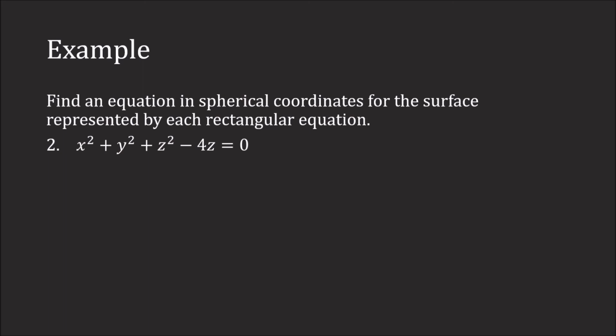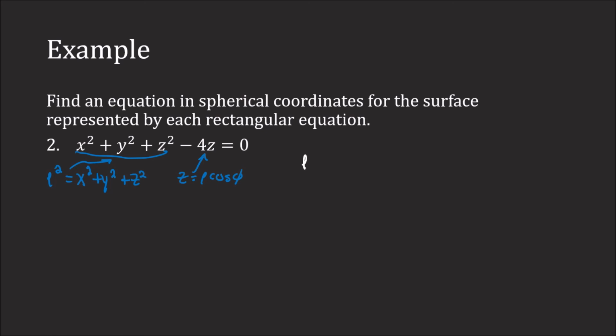Finally, let's do the same thing for x squared plus y squared plus z squared minus 4z is equal to 0. Well, we can use rho squared equals x squared plus y squared plus z squared. Take care of that. And again, z is equal to rho cosine of phi. We'll take care of that.